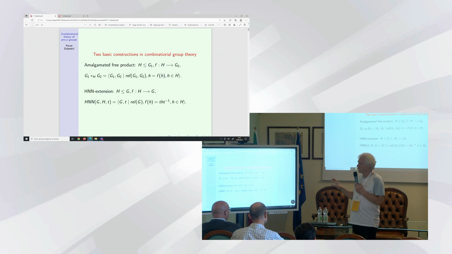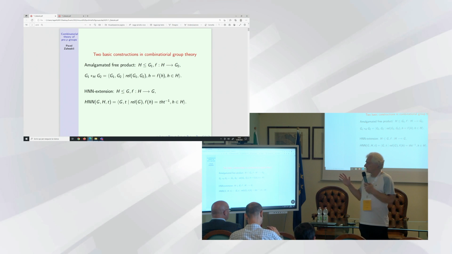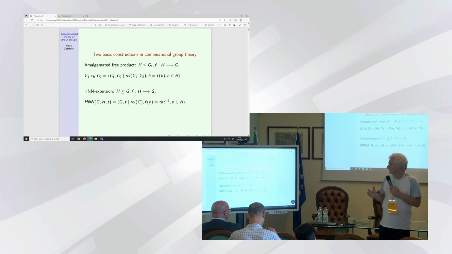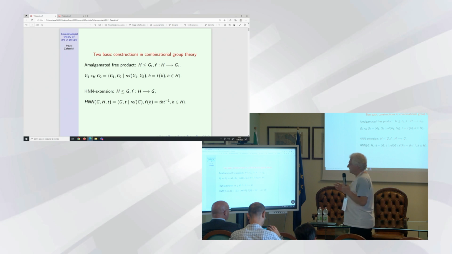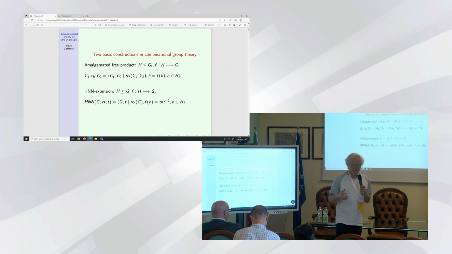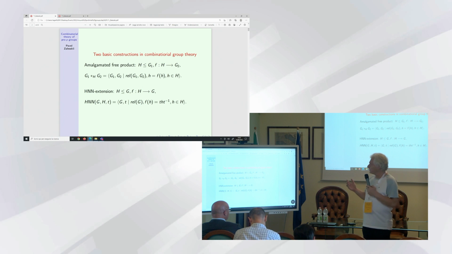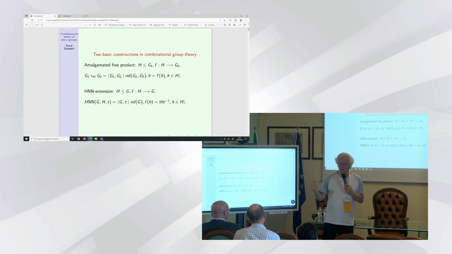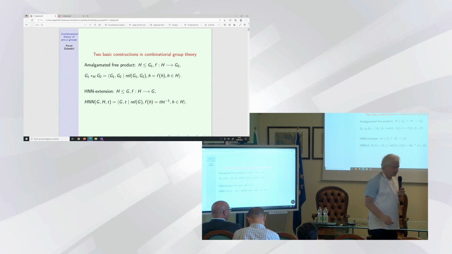These are the 2 basic constructions, and combinatorial theory of groups is practically about this, because there are 2 things which historically were developed in this direction. First, you care about subgroups: how to describe subgroups of this construction. But before that, I want to say that free products and free groups are particular cases of this construction, so we are not throwing out the free groups that Lubotzky started with.